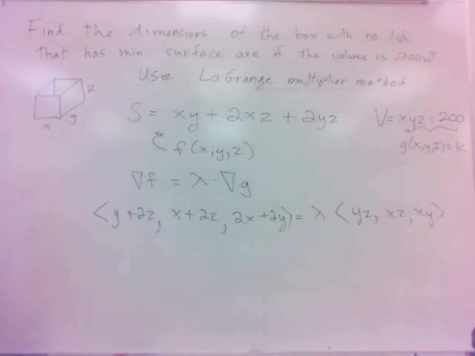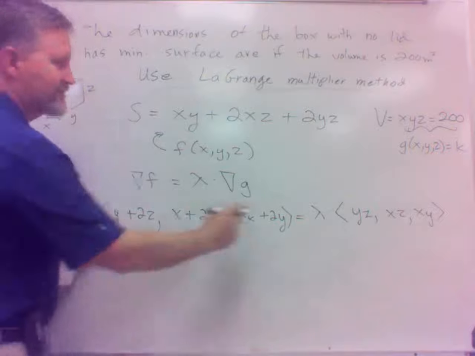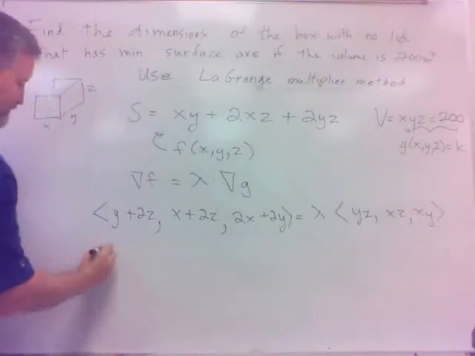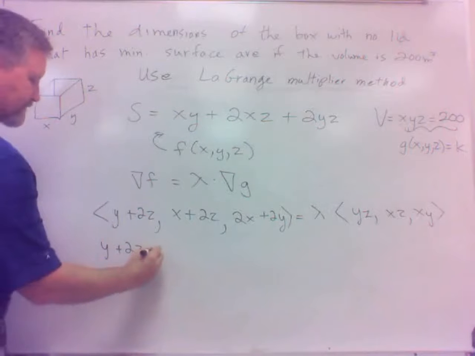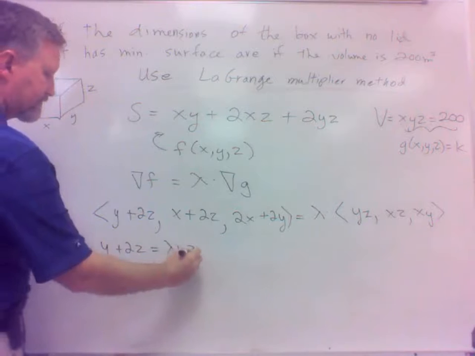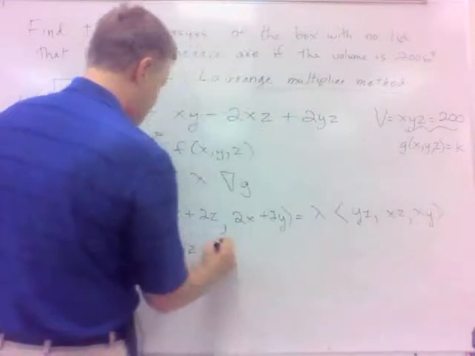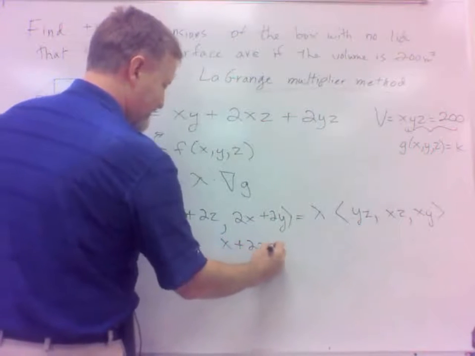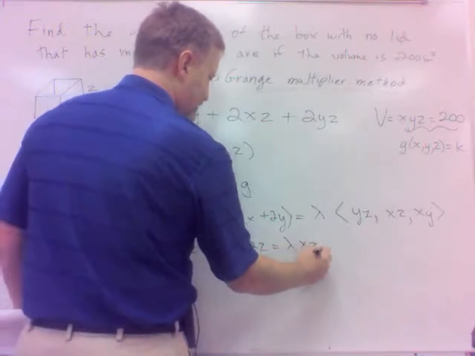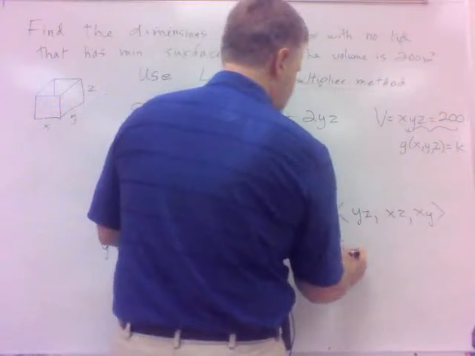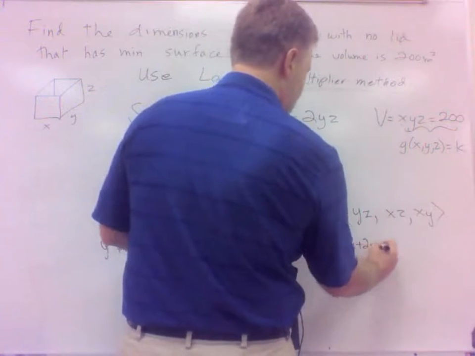Okay. So that gives us three equations, doesn't it? We'll have y plus 2z equals lambda yz. Then we'd have x plus 2z equals lambda xz. And then we'd have 2x plus 2y equals lambda xy.